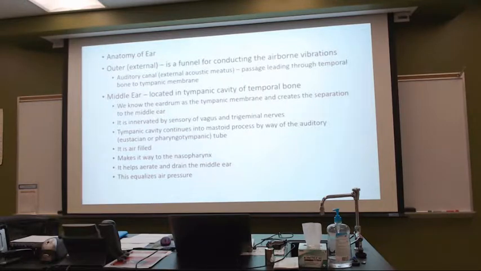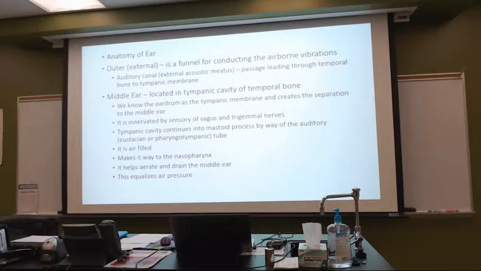This is why, if you look at all these structures, we're going to get what they call the labyrinth.